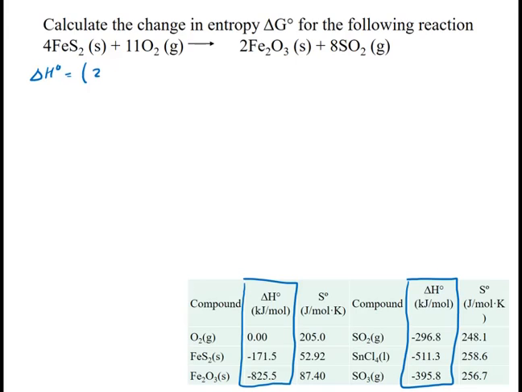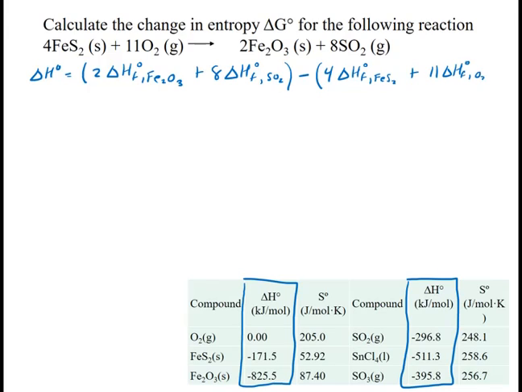So 2 times the delta H of formation of the Fe2O3, plus 8 times the delta H of formation of the SO2, minus, now I do my reactants, so I have 4 times the delta H of formation for the iron 4 sulfide, plus 11 times the delta H of formation of O2.